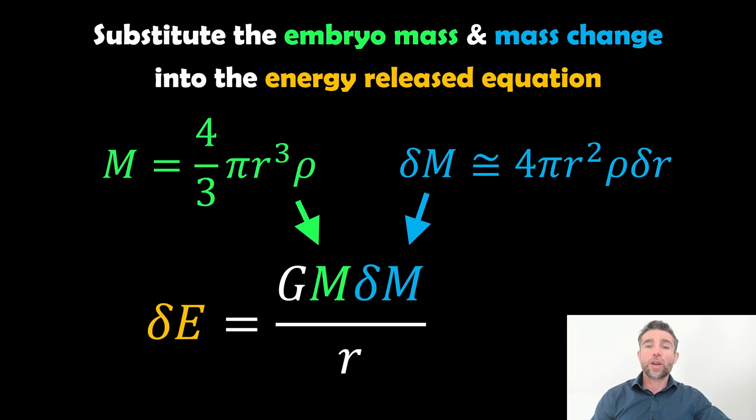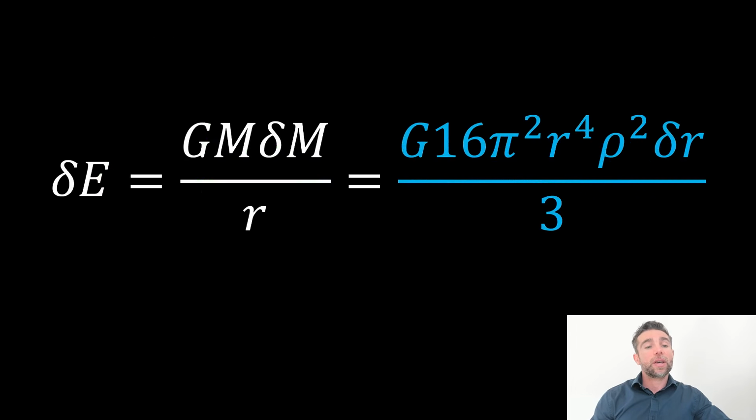We can also substitute in the mass change during the growth, which is the blue one there, and again that removes the mass from the energy released equation and puts it in terms of radius and density instead. So there we go. If we do that, we end up with the right hand side there in the blue. The masses are now removed and it's in terms of radius and density instead.